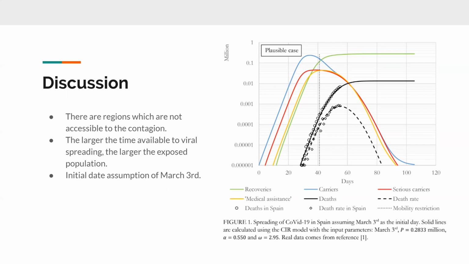There are regions which are not accessible to the contagion in Spain. The larger the time available to viral spreading, the larger the exposed population will be. And the initial date is assumed to be March 3rd in this plausible case.